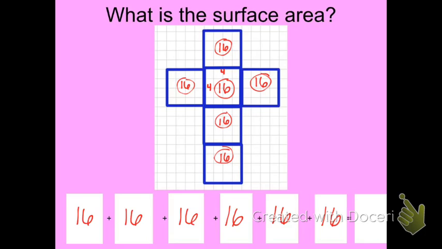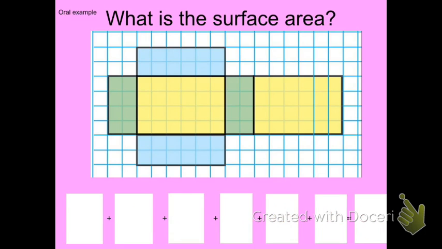What would we get if we did that? 96. Good, it's 96. They don't tell us what these squares represent, so we're going to call them units. And they are squared. Because remember, we're talking about area, and area is always squared because it's what it takes to cover.